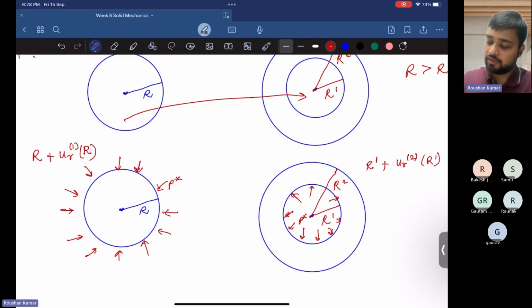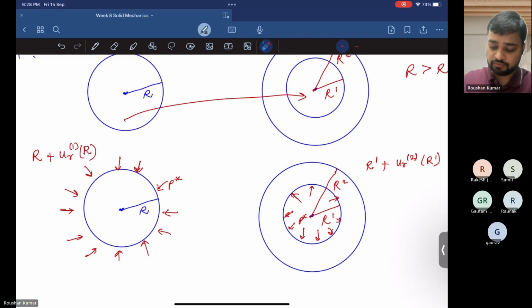So I am denoting 1 for the solid disk. The superscript 1 represents the radial displacement corresponding to the solid disk, and U R 2 represents the radial displacement corresponding to the hollow disk.